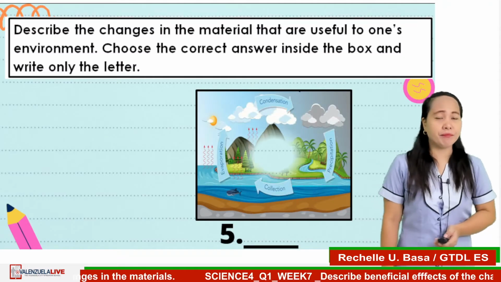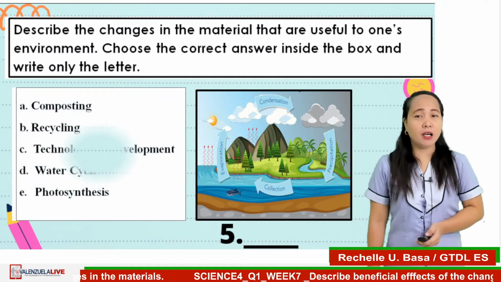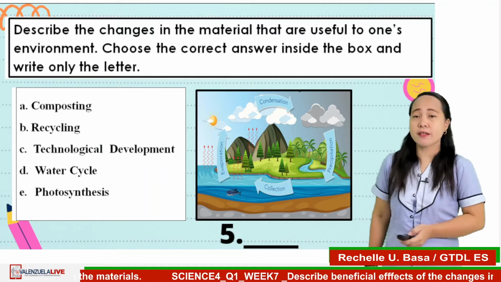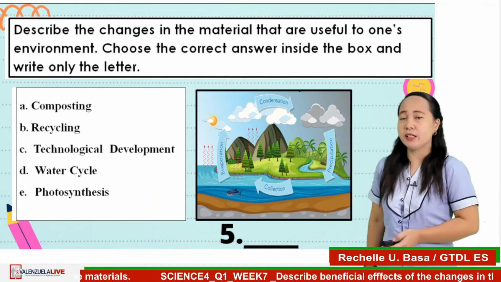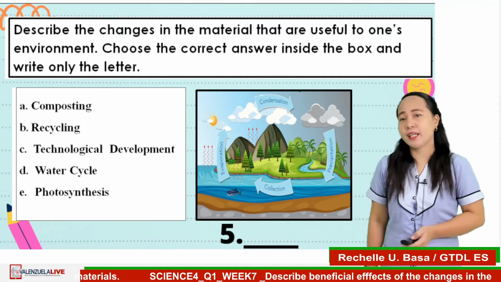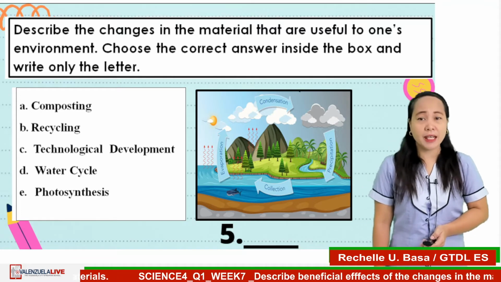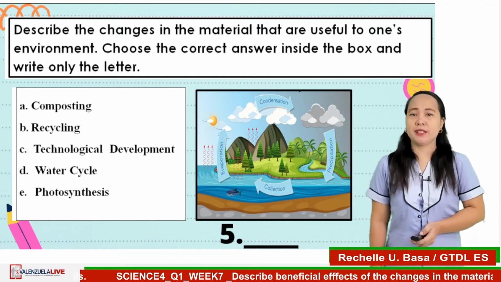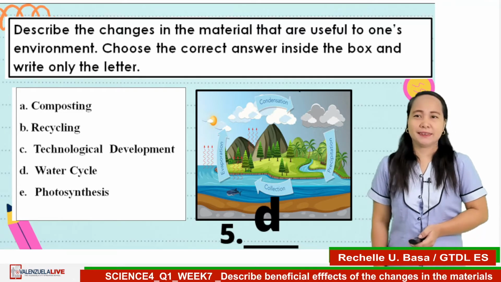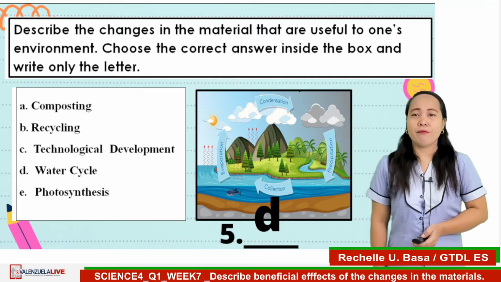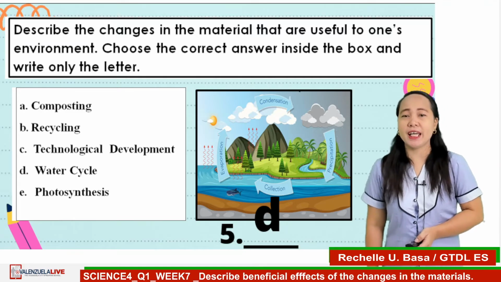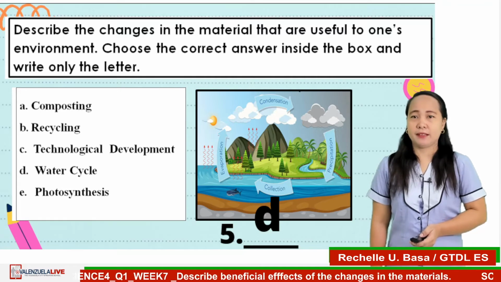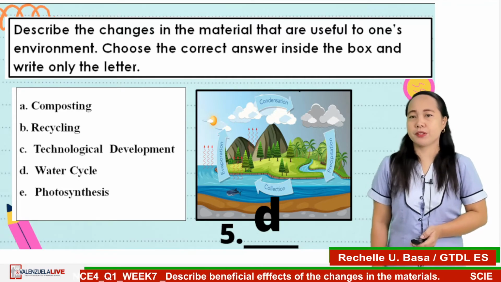Last item, is it A, for composting, B, recycling, C, technological development, D, water cycle, or E, photosynthesis? What do you think? Very good. It's letter D, water cycle. Marvelous.